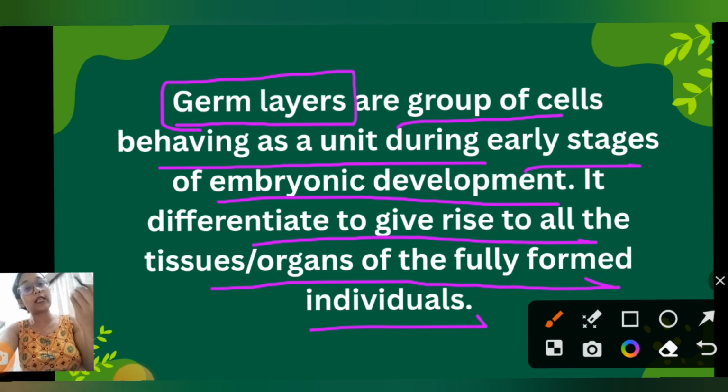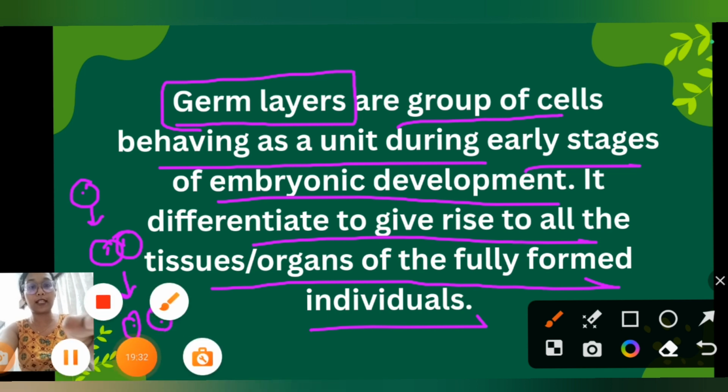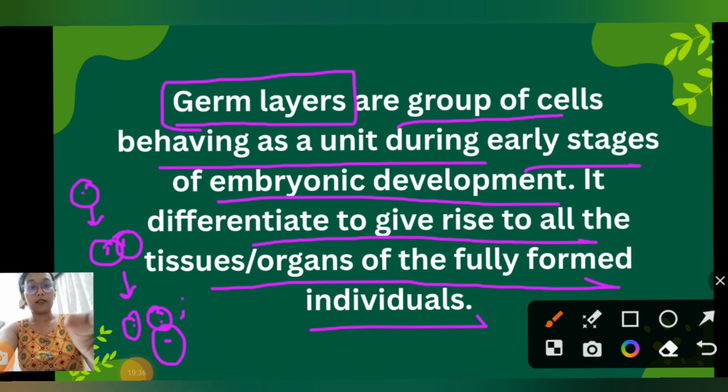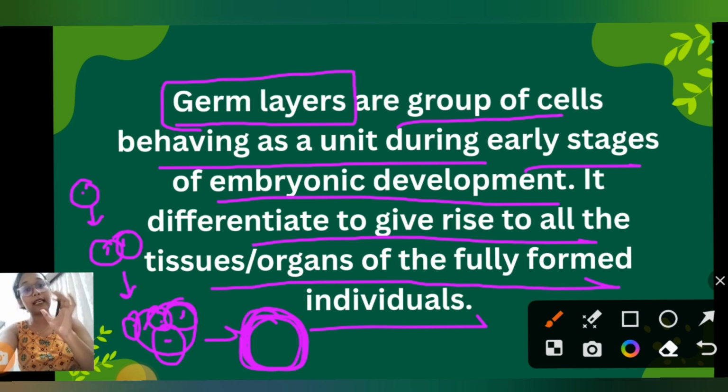So what happens during embryonic development? Suppose you get a single cell stage, then a 2 cell stage, then 4, like that. Equal division you can see, the 4 cell stage. After crossing this stage, they will have some layering and act as a single unit.